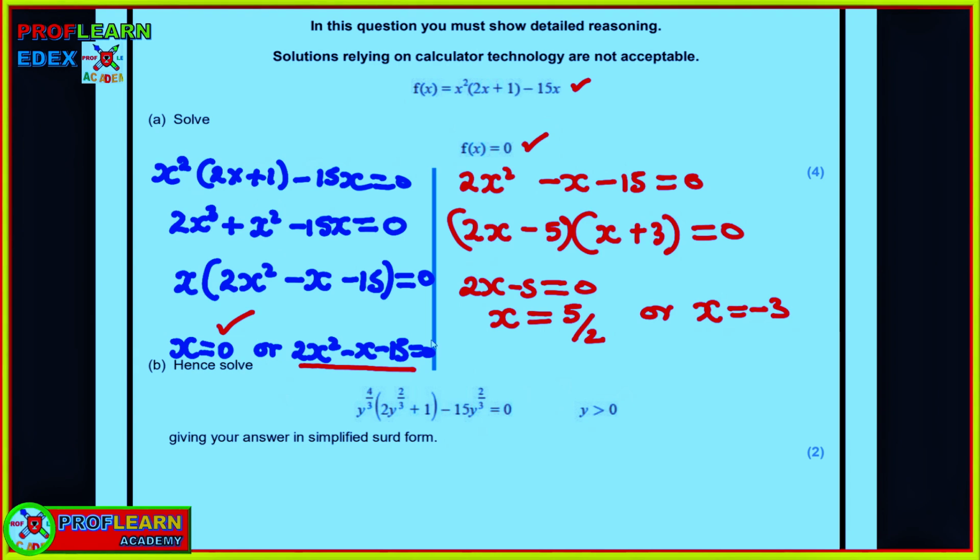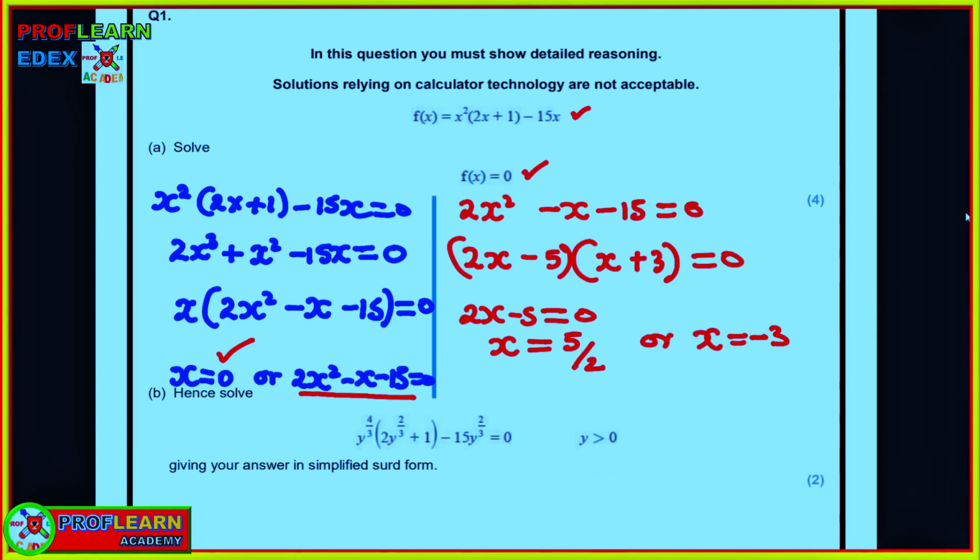Now the next part, we are told hence solve this. But if you look at this keenly, you realize that here we were having x, but here we are having y raised to power 2 over 3.